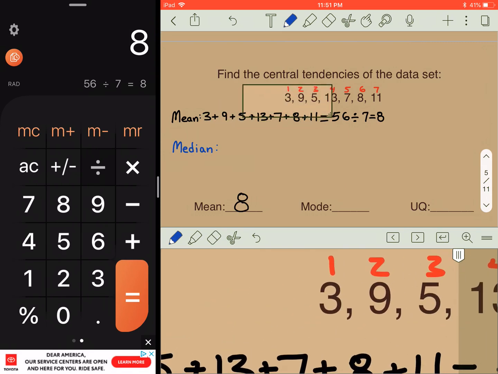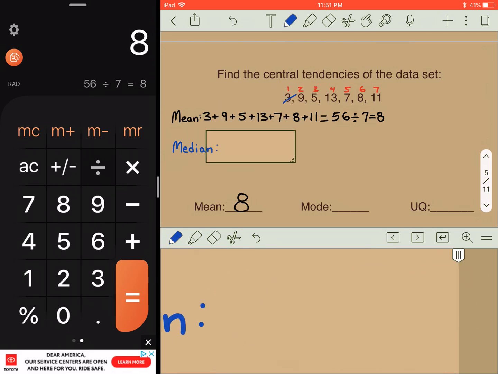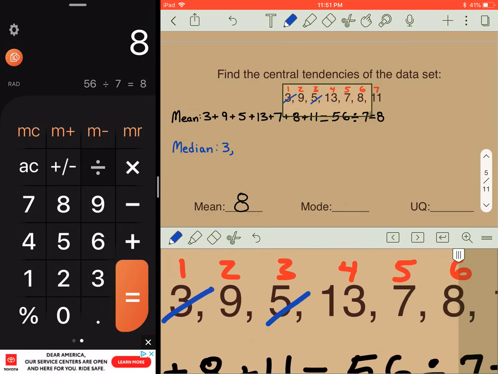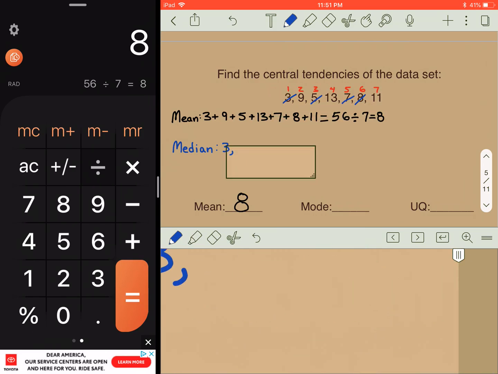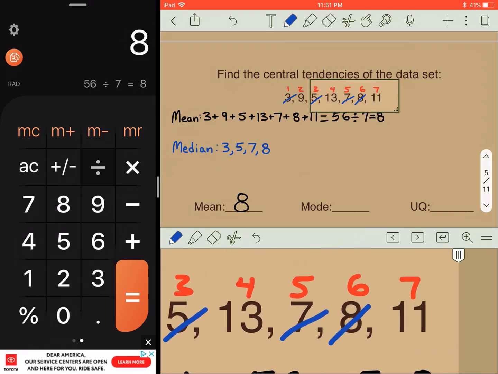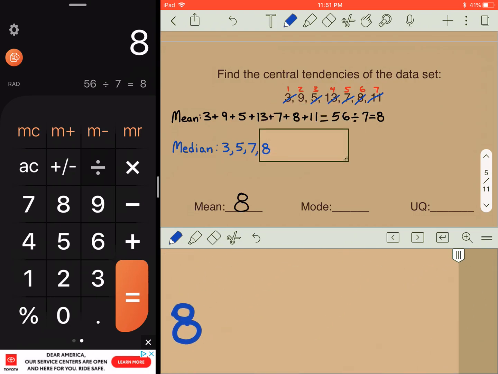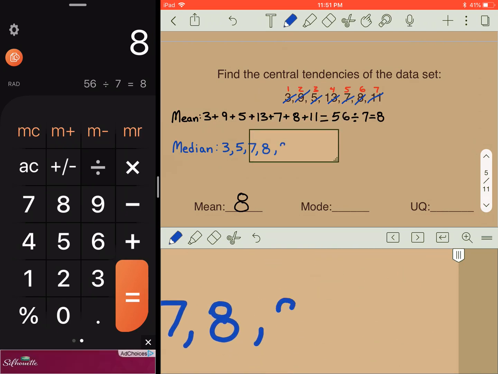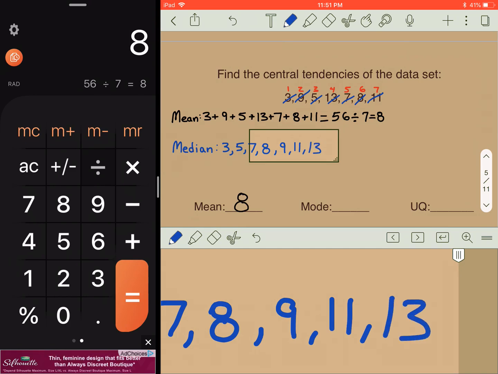So if I go up here, I have a 3 is my smallest, followed by a 5, 7, 8, then an 11 and a 13. Oh, sorry, and I also have a 9. Glad I caught that. 9, 11, 13.